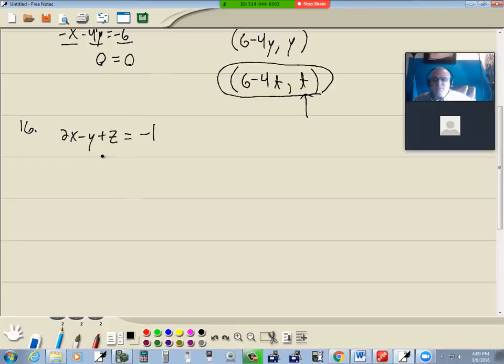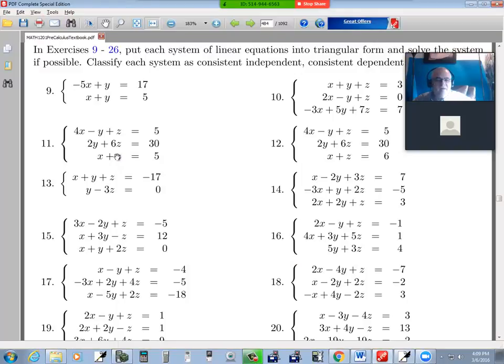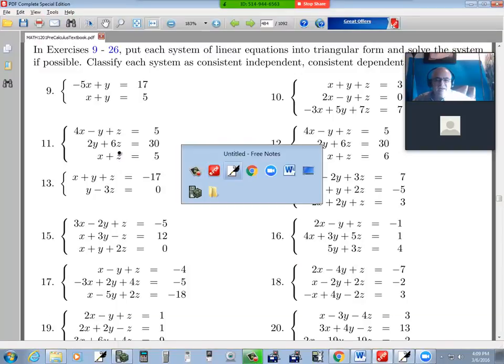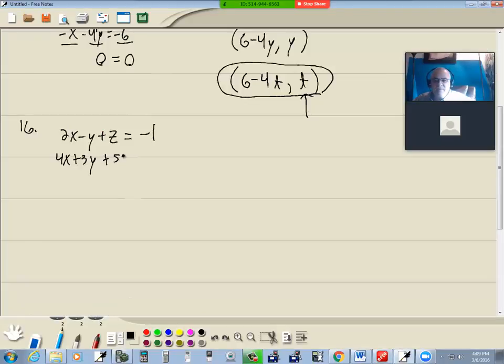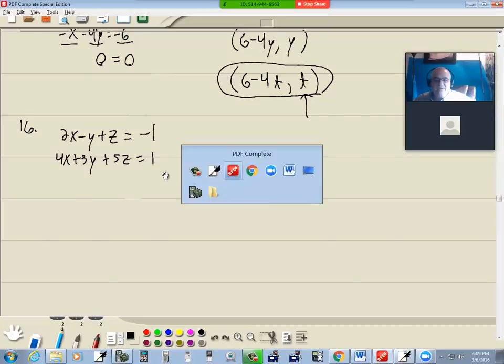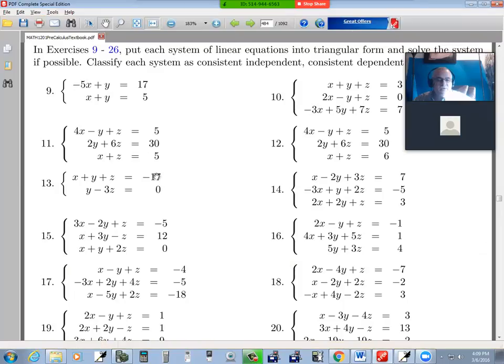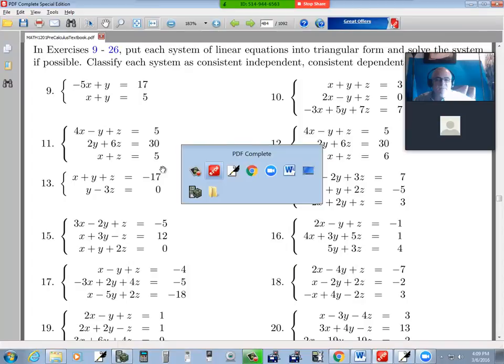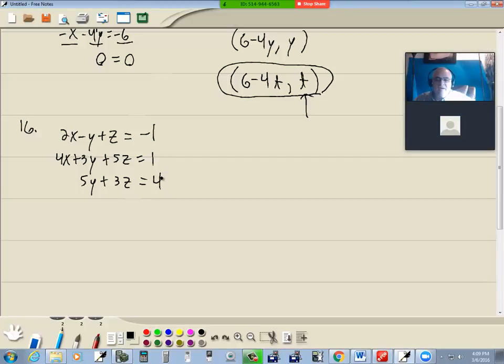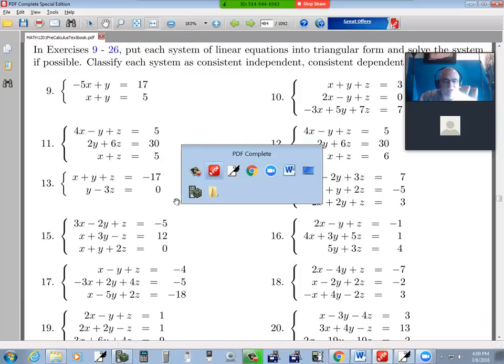And we got 4x plus 3y plus 5z is equal to positive 1. And 5y plus 3z is equal to 4. Let me double check all those.